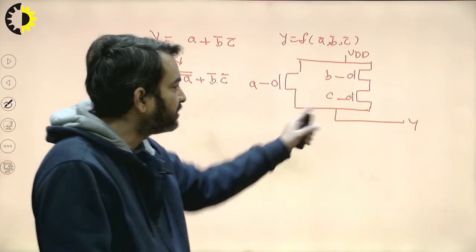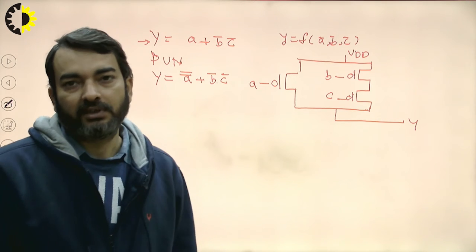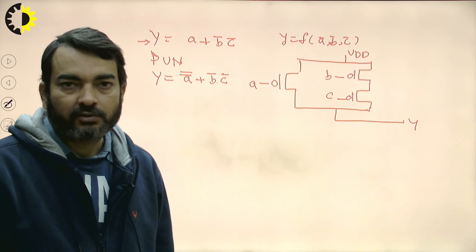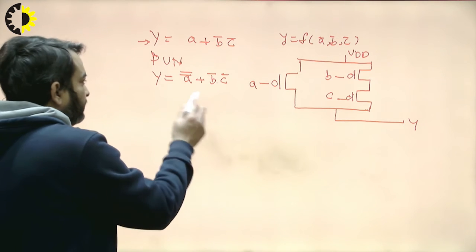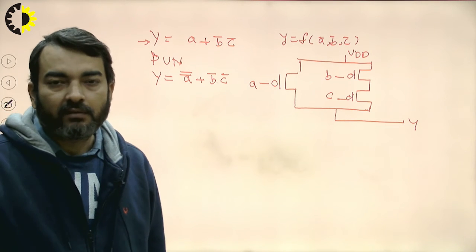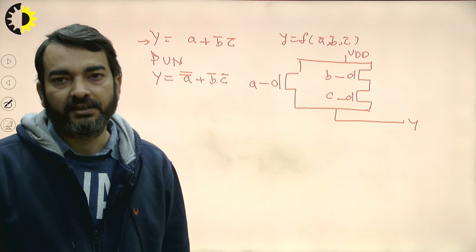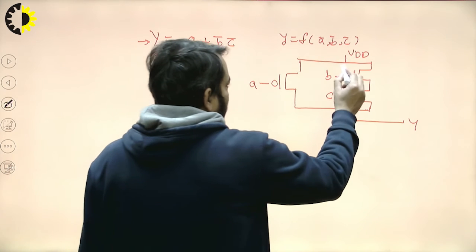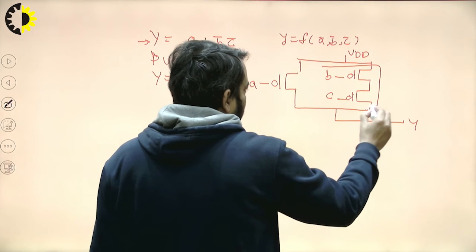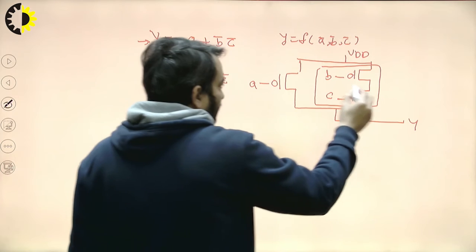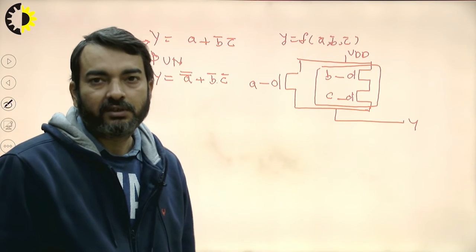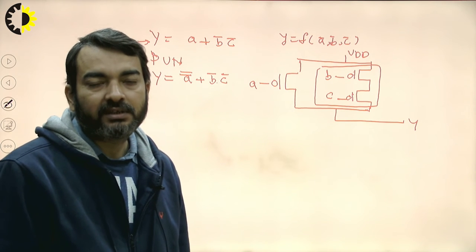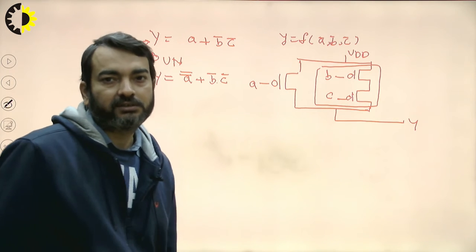Now on the lower side, the PDN network will come. We will not directly realize the PDN, but we will follow the principle of duality. This subnetwork, which consists of a series combination of these two transistors, will now be replaced by a parallel combination of two NMOS transistors.